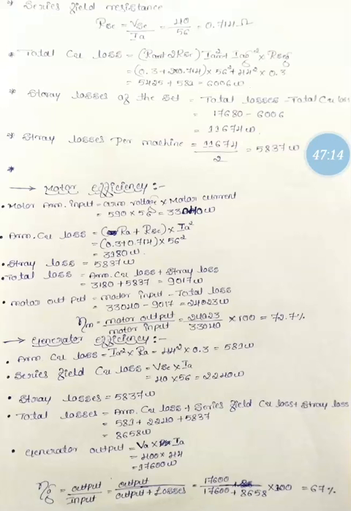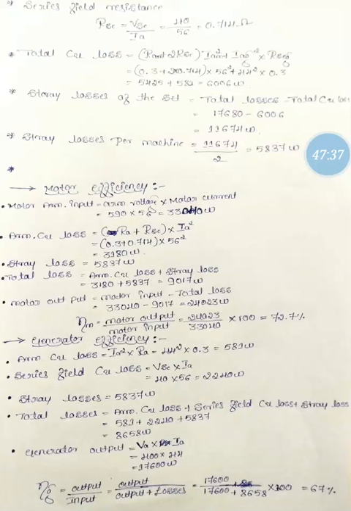Then the stray losses, as calculated earlier, are 5,837 watt. Then the total losses are the sum of the armature copper loss and the stray loss, so we get the total losses as 9,017 watt. Then the motor output is calculated as the difference between the motor input and the total losses.